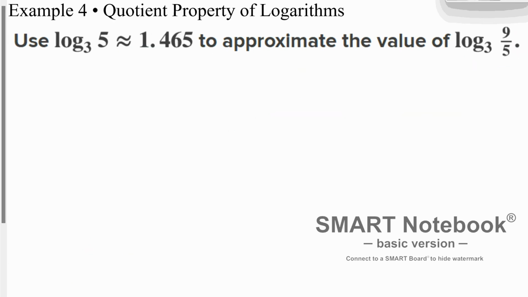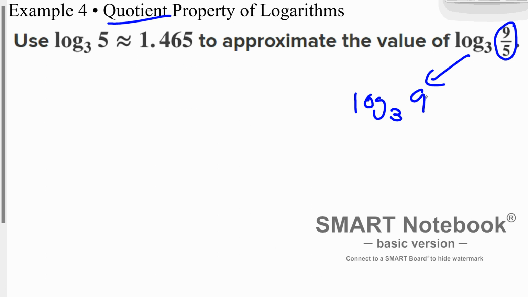Alright, I'm going to do this next example using those properties. Quotient property means I'm going to divide. I have a division here, a quotient, so I'm going to subtract the two logs with the same base. I'm going to rewrite this as log base 3 of 9, the top one, minus log base 3 of 5, the bottom one.